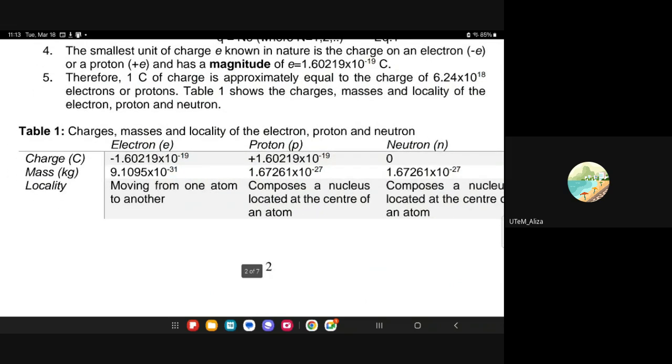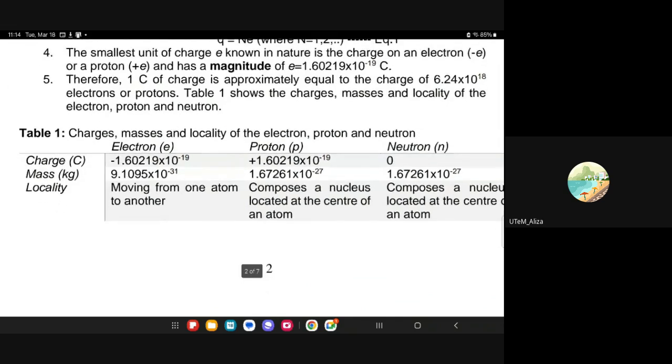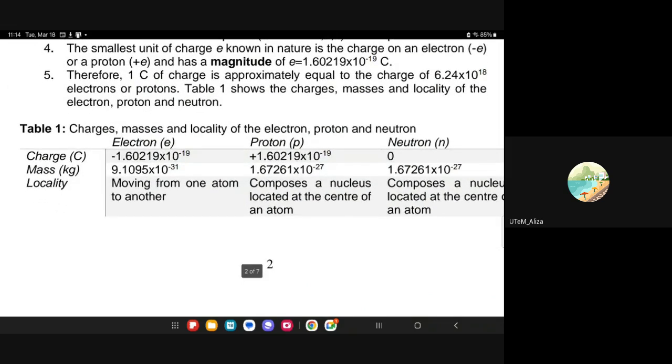And when a body is receiving more electrons from outside, we can say that the body is actually negatively charged because you are receiving more negative charges in the body, making the net charge more negative. Okay.